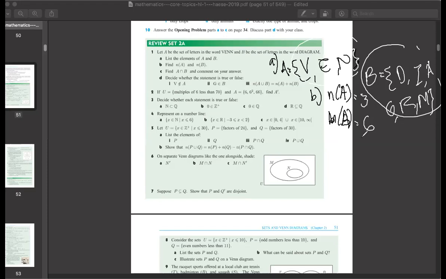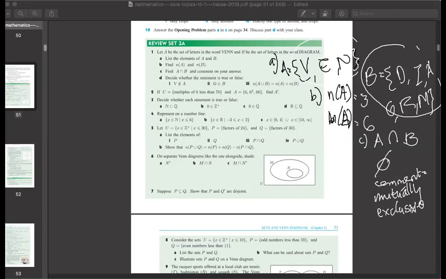And then for C, you're supposed to find A intersection B. From these sets, you can see that they don't have any same elements, so it's empty and the comment would be mutually exclusive. That's the keyword that you have to hit.